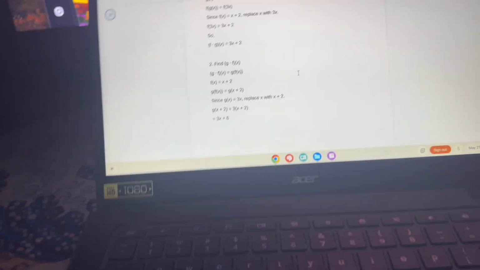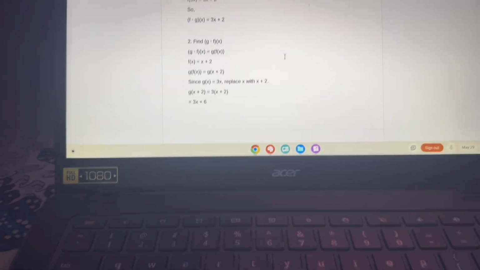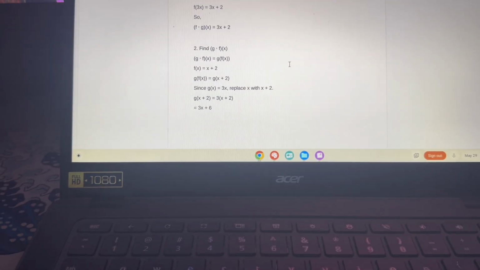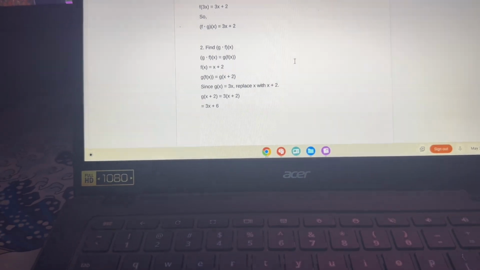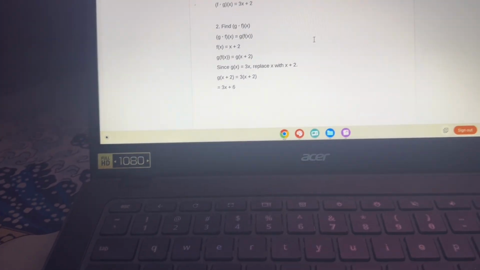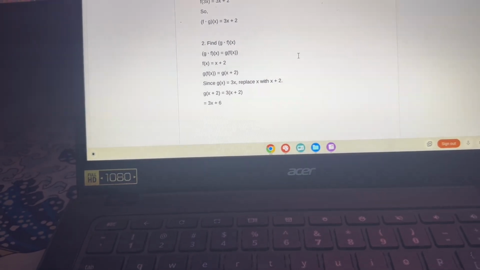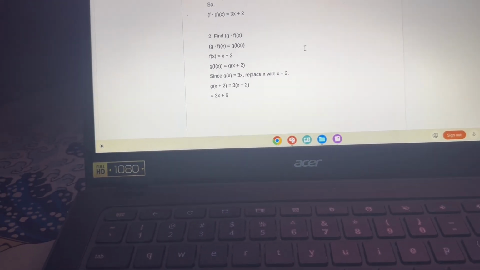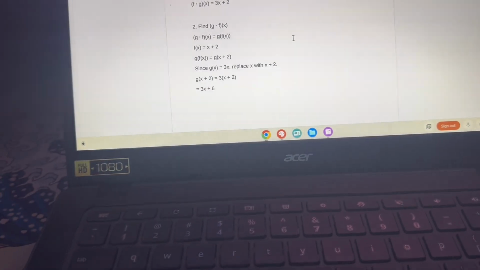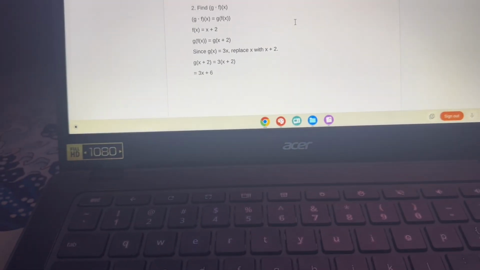So to find g of f of x, we work in a similar route. g of f of x equals g of f(x), and f of x equals x plus 2. So now we input that in: g of f of x equals g of x plus 2.